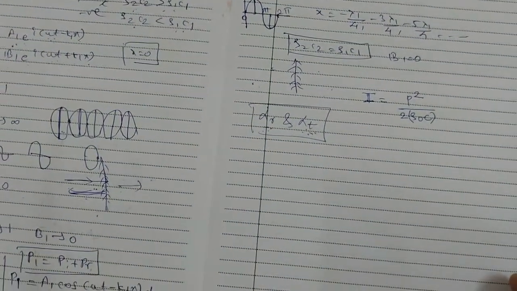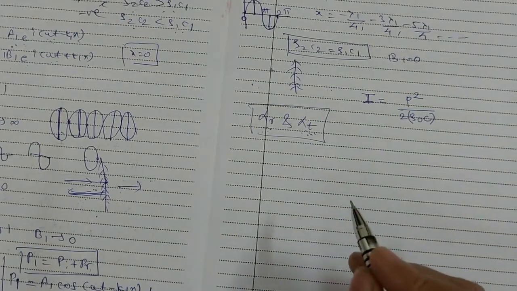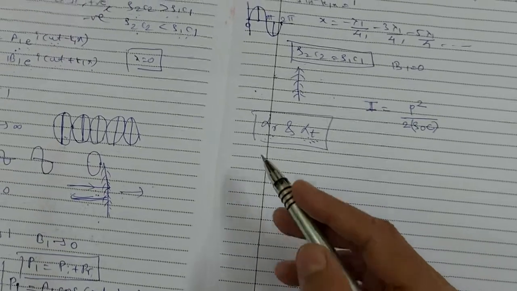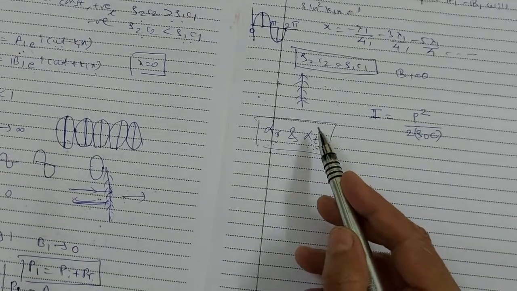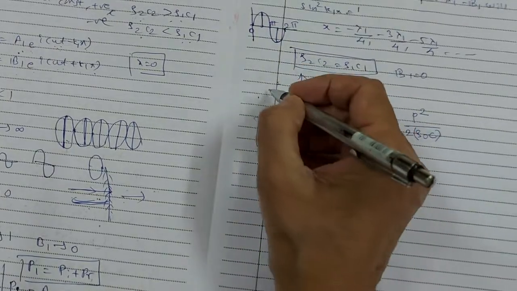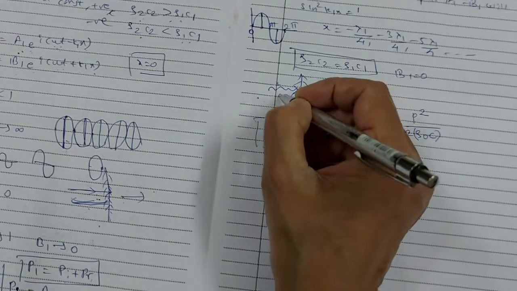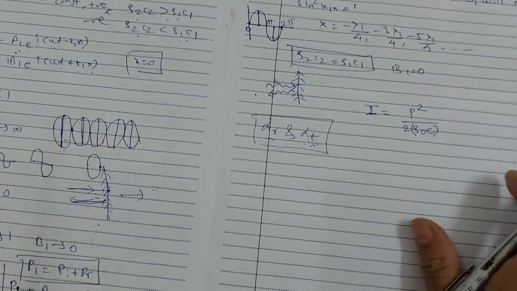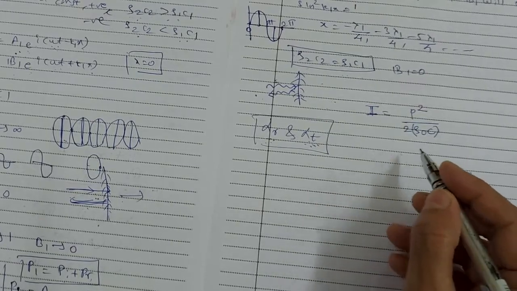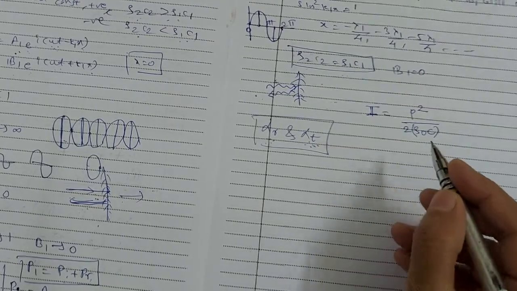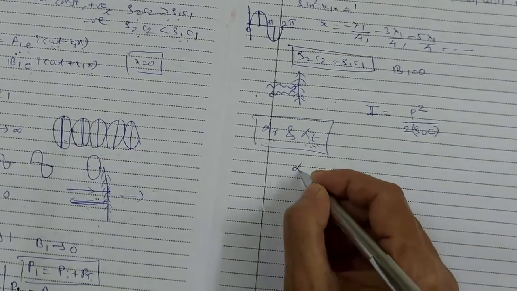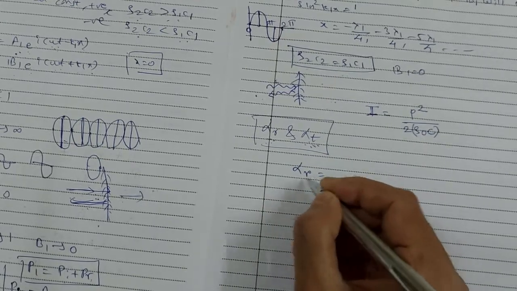Now, I mentioned when we began this topic that our aim is to define the ratio of the reflected flow of sound energy to the incident flow of sound energy. This is the incident wave, this is the reflected wave. So the ratio of reflected flow of sound energy to the incident flow of sound energy is defined by alpha r.